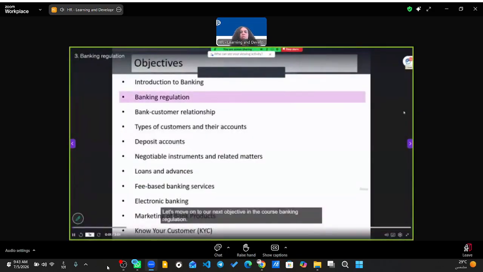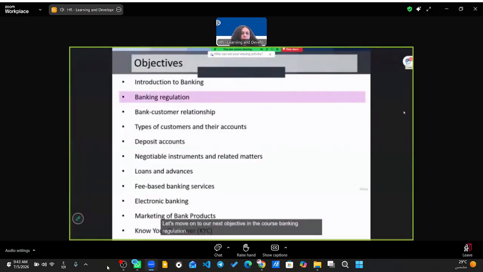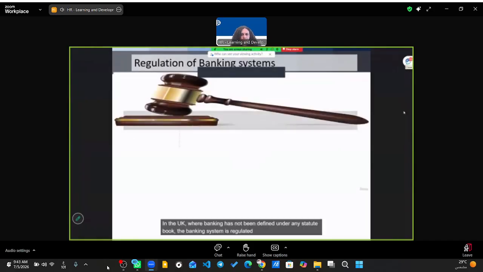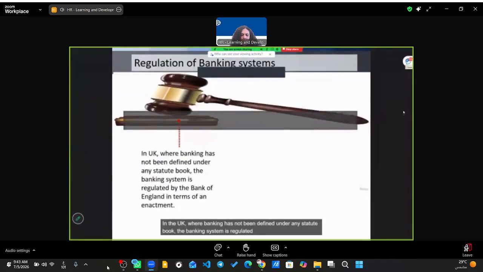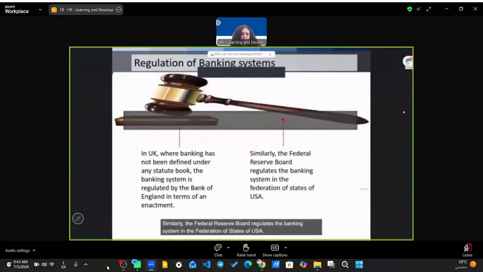Let's move on to our next objective in the course, banking regulation. In the UK, where banking has not been defined under any statute book, the banking system is regulated by the Bank of England in terms of an enactment. Similarly, the Federal Reserve Board regulates the banking system in the United States.